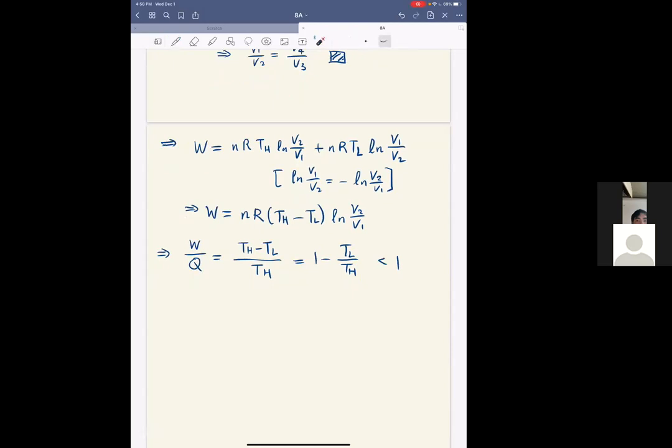A remark is that this quantity actually gives a bound for any heat engine you can have working between two temperatures. This is the upper bound.